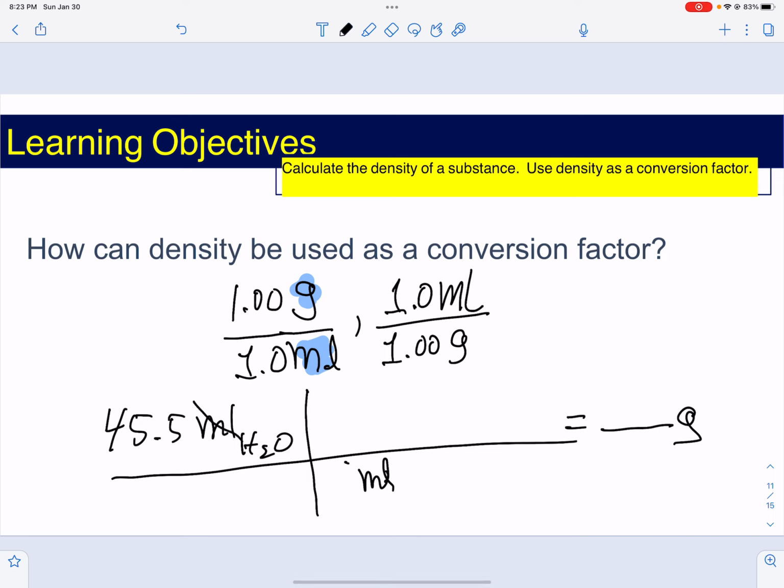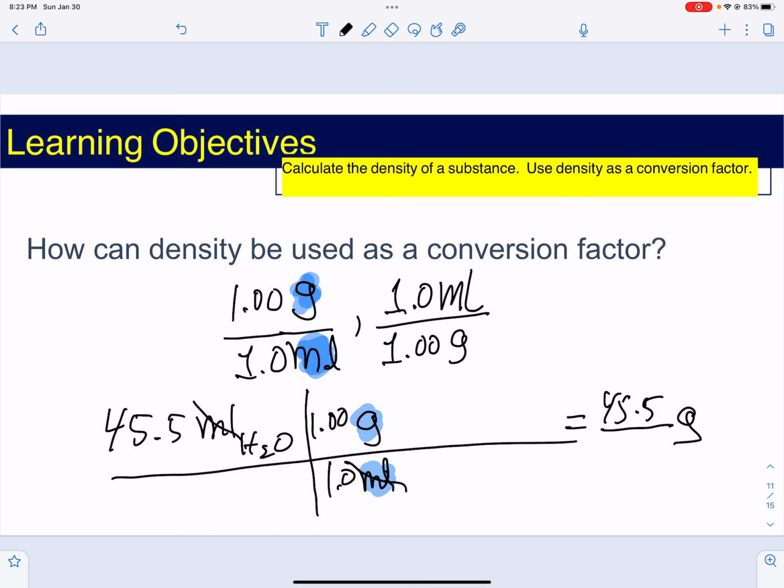So I'm going to get rid of them because I want the grams. And what do we have here? Grams over milliliters. Exactly what we got there. So we're using density as a conversion factor. So 45.5 grams would be what we have in 45.5 milliliters of water.